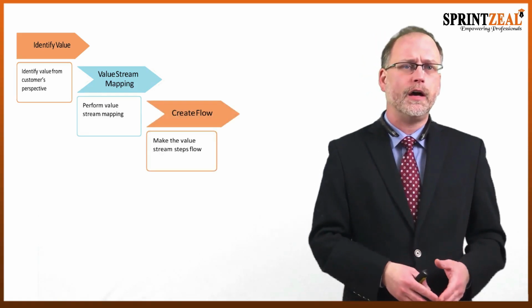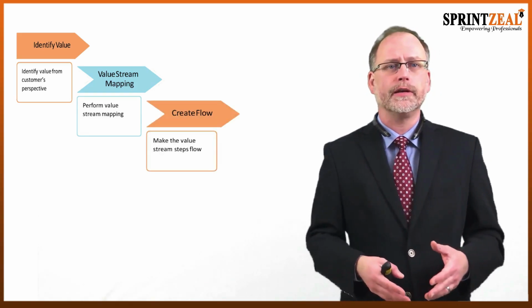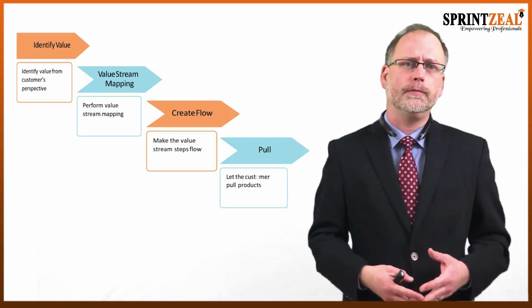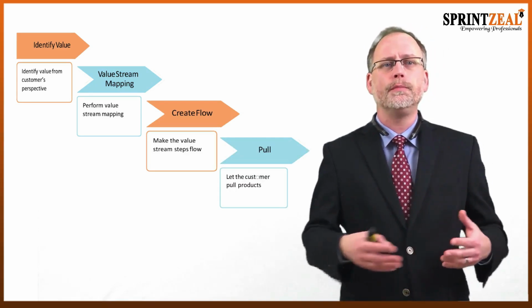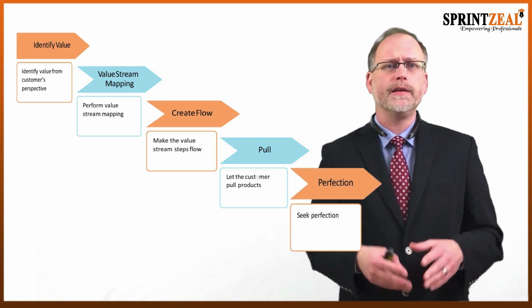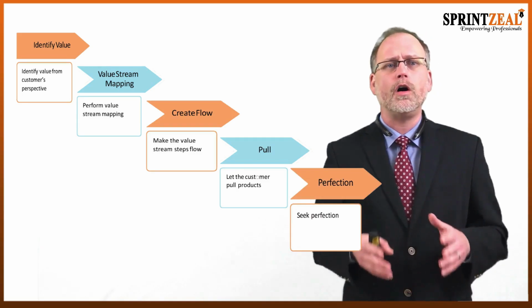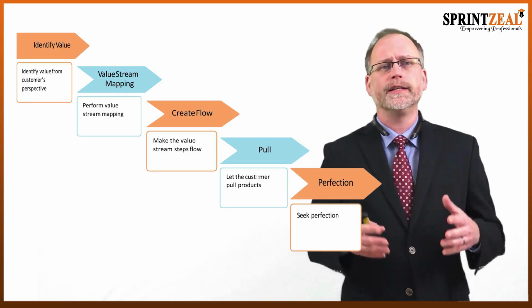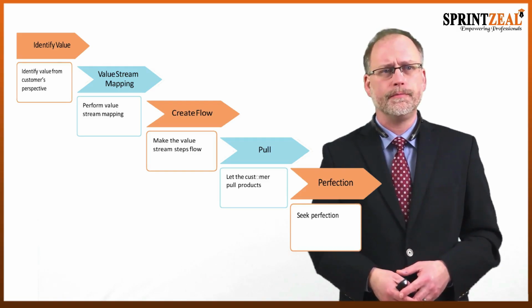Then we'll create our flow, and we'll make the value stream flow better. Then we'll establish pull, and we'll let the customer pull products whenever the customer needs them. And then finally, perfection. We're always seeking perfection. That's the reason why it's called continuous improvement.